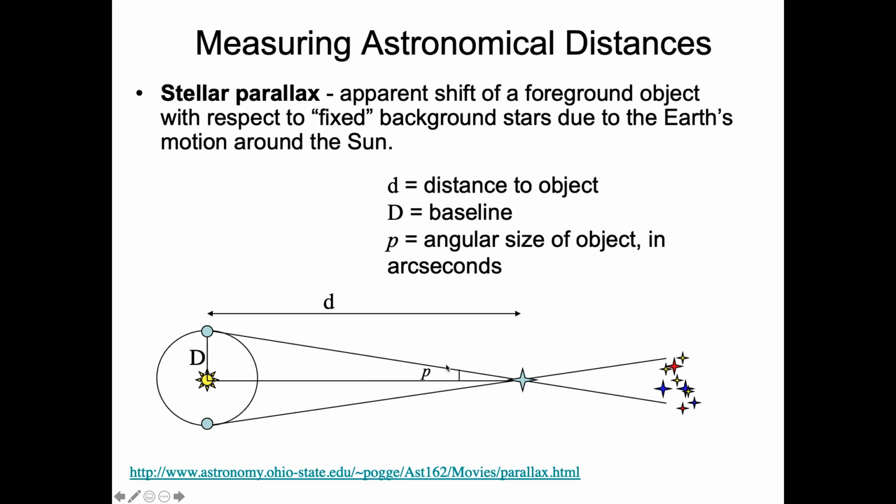If we can figure out what this angle is here, and we know the distance between the Earth and the sun here, then a simple tangent function, a trigonometric function, would be able to tell us the distance from the sun to that star. So stellar parallax is essential here.